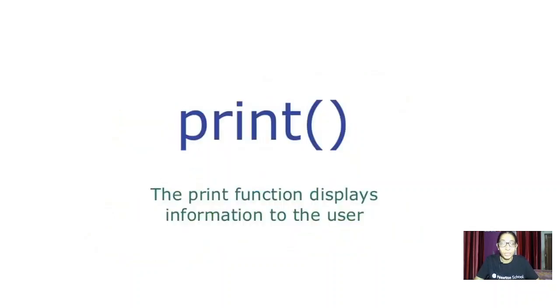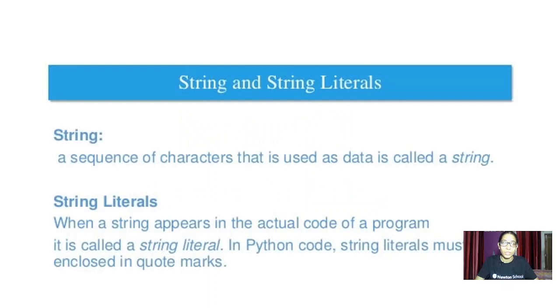To display information to the user, we use the print function with parentheses, the circular brackets. As I told you, there are two functions to get input from the keyboard, input and raw_input. Similarly, in strings and literals, a string is a sequence of characters.